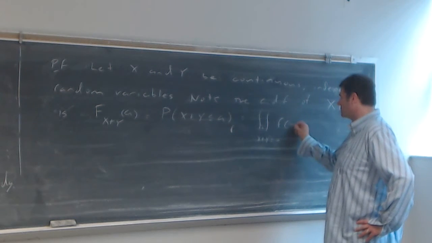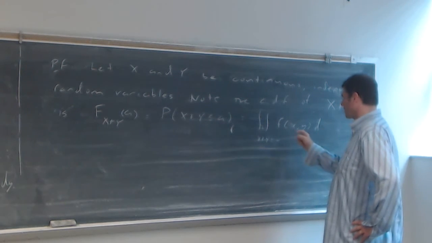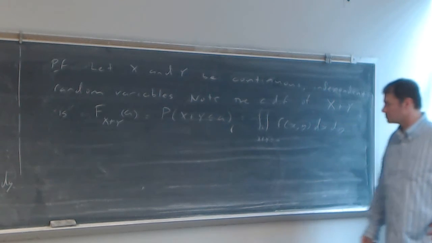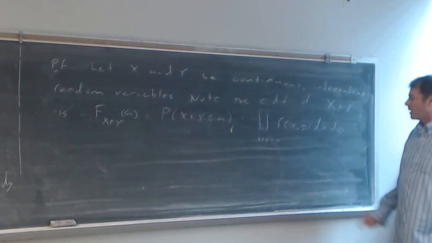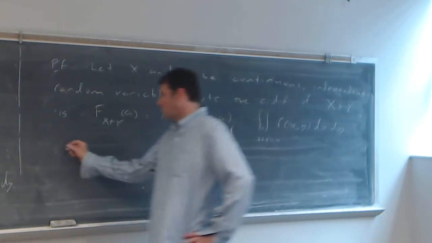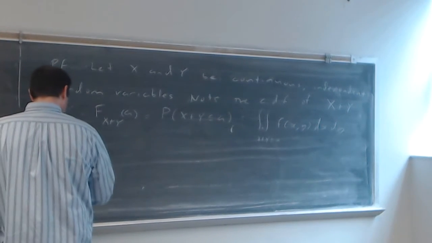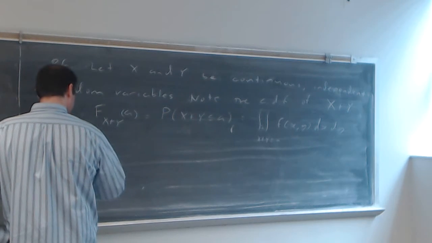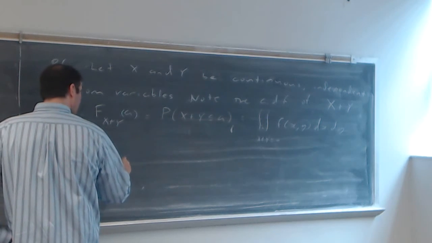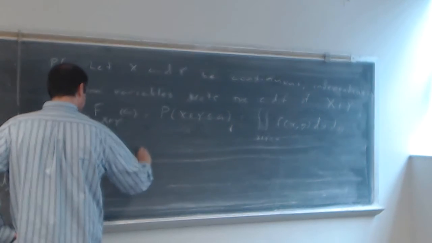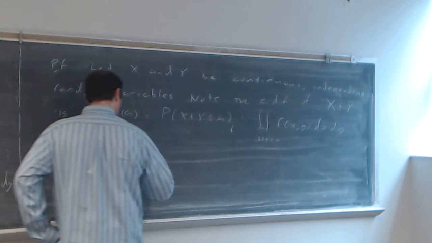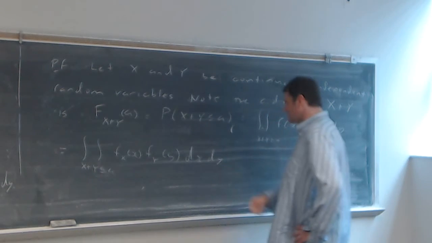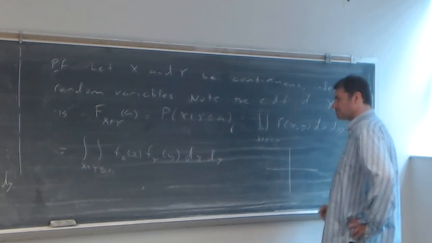Of the joint PDF between x and y. All right. But that's equal to, because of independence, the integral over the region where x plus y is less than a of f sub x of x times f sub y of y, because of the independence of x and y, dx dy.